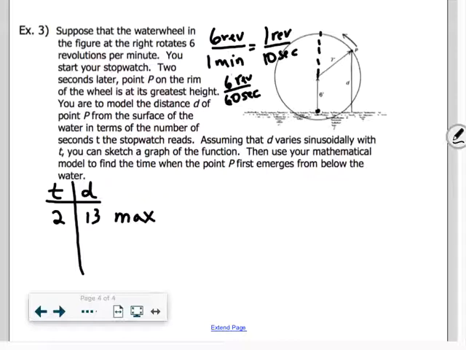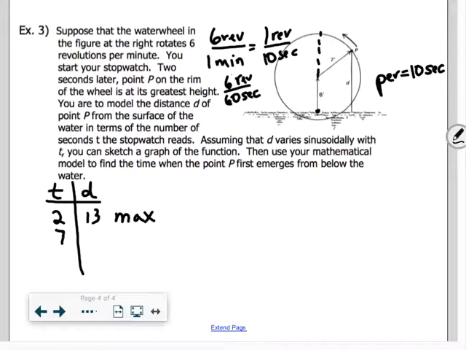Now, here's the method to my madness. When I was talking to you on example 1, I said, look at that distance from the maximum to the minimum, and it's half the period length. So really, if you think about it, the period length then is 10 seconds. So how many seconds later am I going to have my minimum? 5 seconds later.